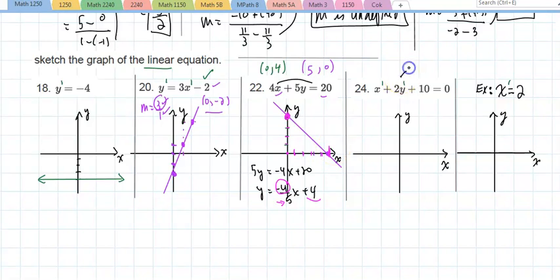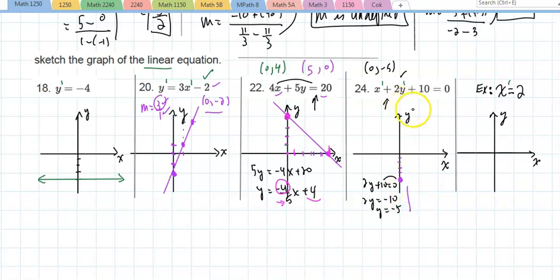And what if I have it in this form? I think this is standard form, and this is general form. Same deal. You have multiple options. You could solve it for y. Or you could say, you know what, if x equals 0, what do you get? You will get 2y plus 10 equals 0. 2y equals negative 10. y equals negative 5. I got 1 point on the graph. 0, negative 1, negative 2, negative 3, negative 4, negative 5.